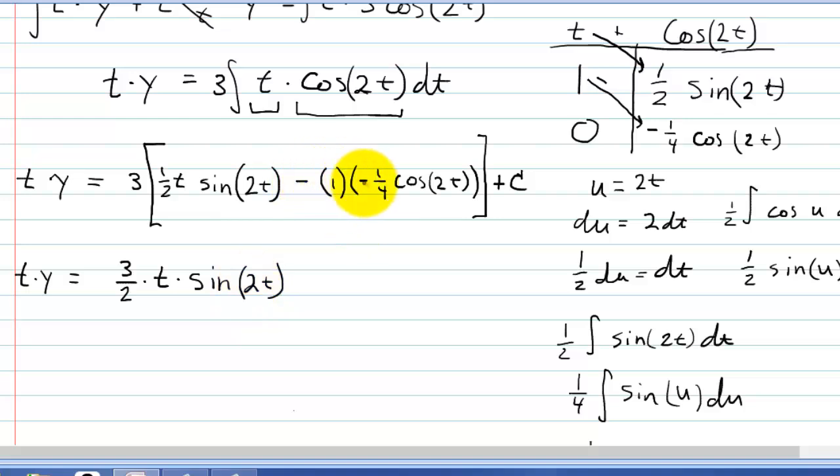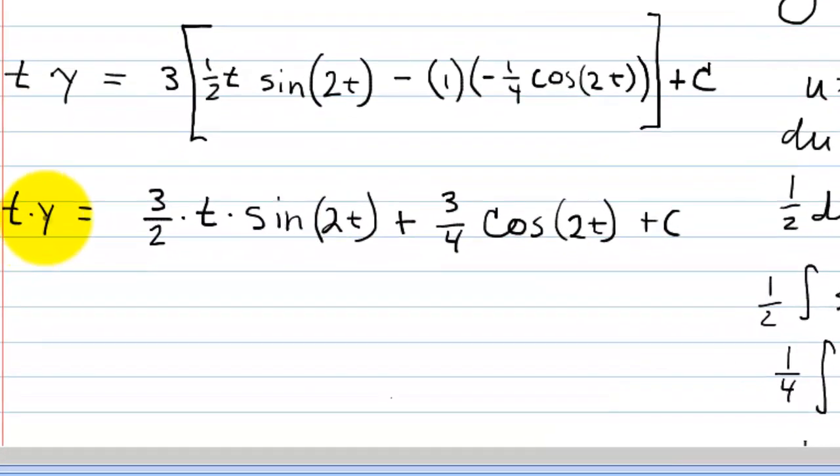This minus and this minus is going to make it a plus. So it's going to be plus, but don't forget we're multiplying the 3 into it. So it's going to be plus 3/4 cosine 2t plus c. So now once we've gotten to this part, all that's left is to rearrange the problem.